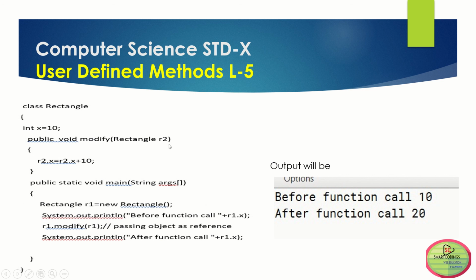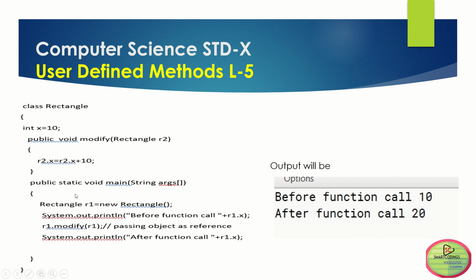See, R2 here is the formal parameter and R1 is, suppose, the actual parameter. Now we are passing a reference type object here. So what happens when this line is created? Look here in the diagrammatic representation. I told you in the previous slide that reference variables and primitive data types are created in the stack memory.